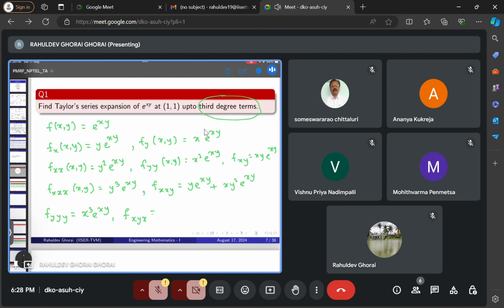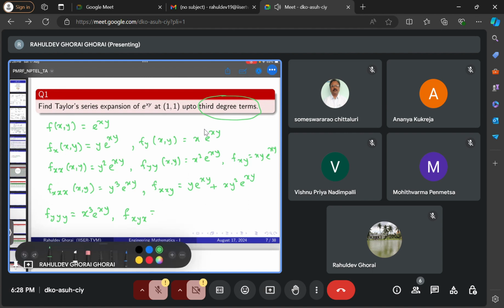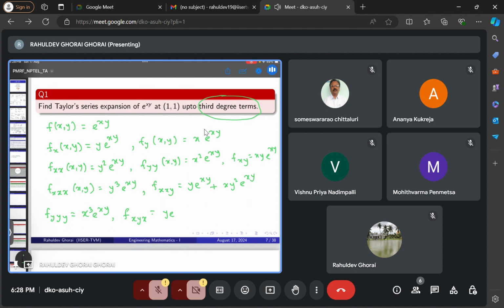This will be again same as this, it will be y e to the power xy plus xy squared e to the power xy. So in this case, you will see this f_xy is equal to f_yx. So we will have the same derivative. So whatever this will be also equal to f_yxx. All these things you will see.